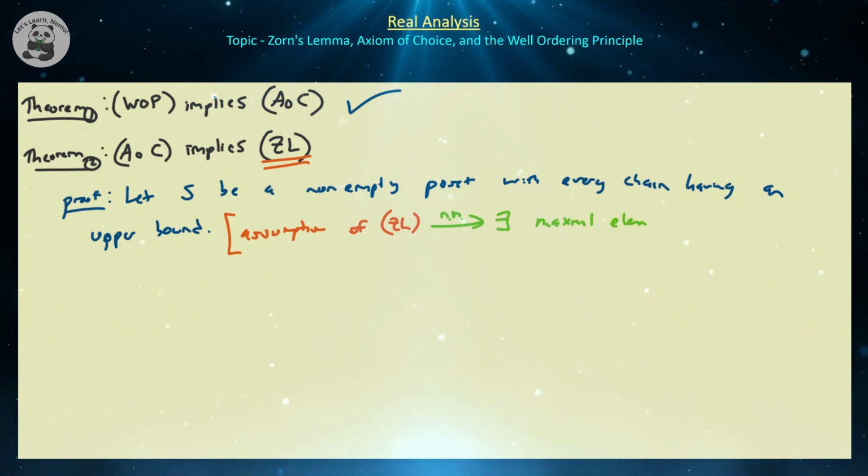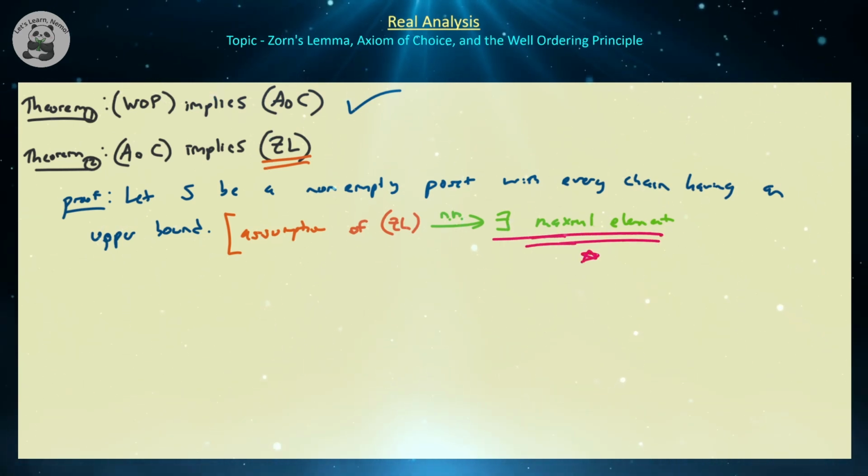The existence of a maximal element for that poset, that's what Zorn's lemma concludes. So this right here, that's our goal. Our assumption at least does not directly imply that, but it's the same premise as Zorn's lemma, not the conclusion.